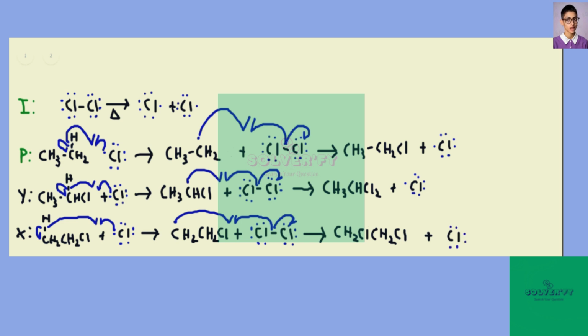The termination step, I'm going to put up at the top right here, just to save having to start a new page for this very short step. The termination step, remember, can be any two radicals coming together and quenching one another, so that after this step there is no more reactive radical species. I'm just going to use two of these chlorines.